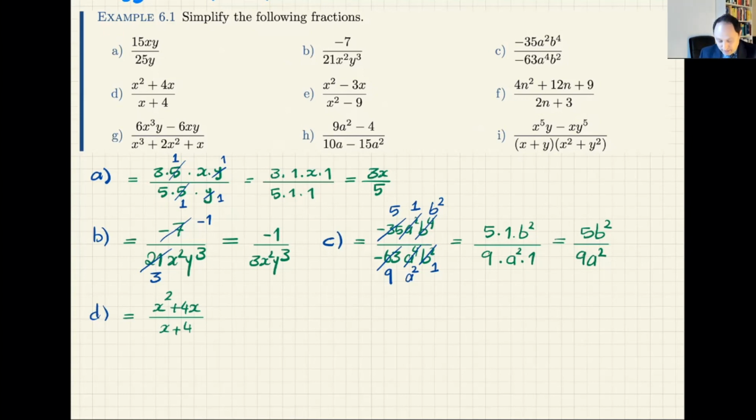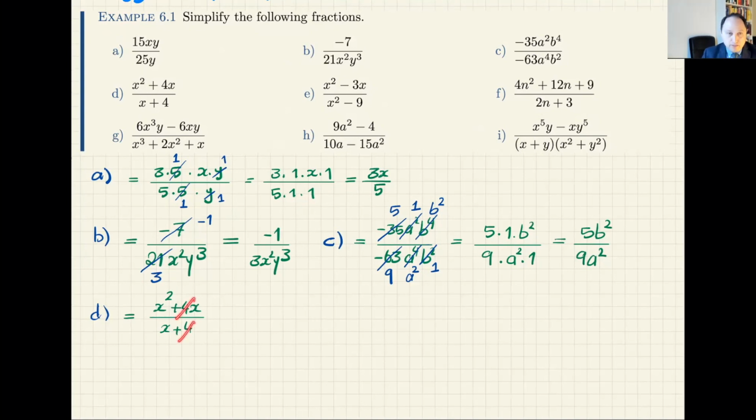Okay. The first thing is that some of you, for some reason, are tempted to simplify these two. So this is not the case. Because remember this in mind, only common factors can be simplified. So let me write this in red.